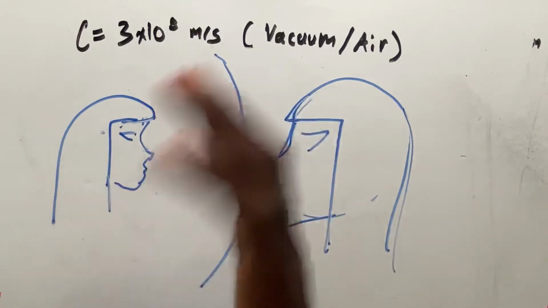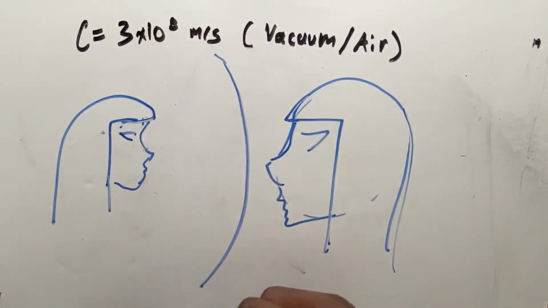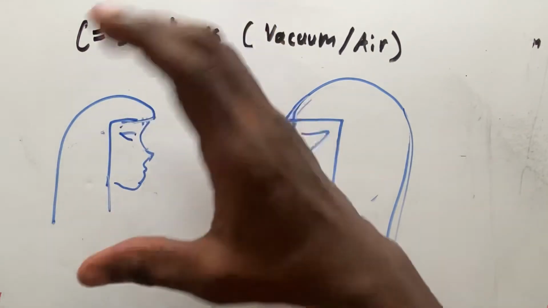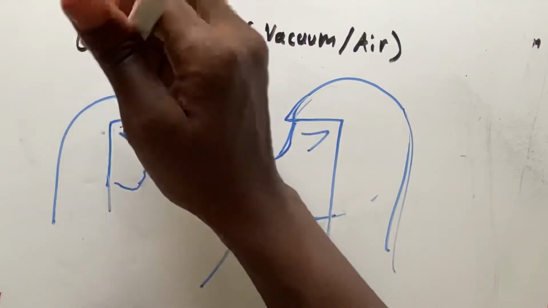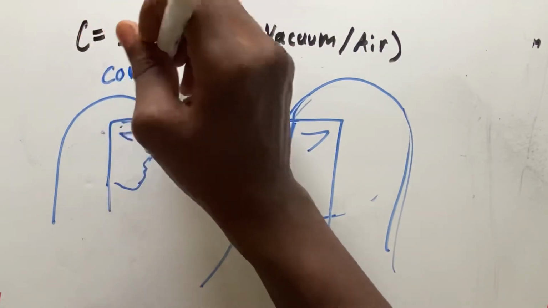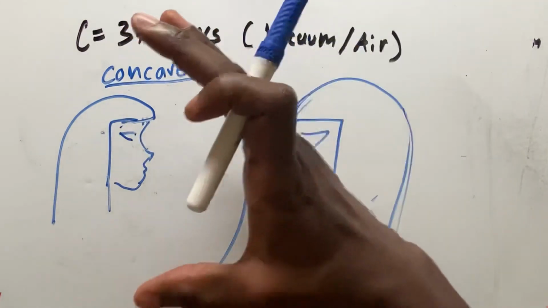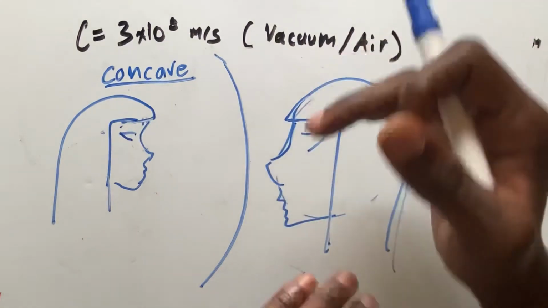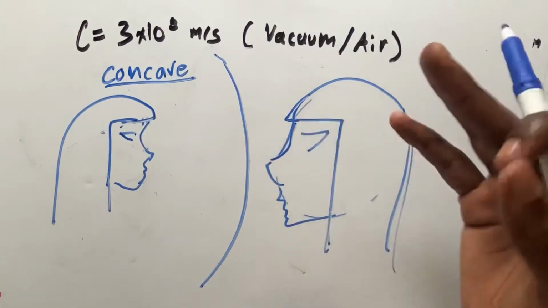We call this a concave mirror. This is a concave mirror because you can think of it as caving in towards your face. So when you look into a concave mirror, you're going to see your reflection magnified or even bigger. You can see more details in your face.